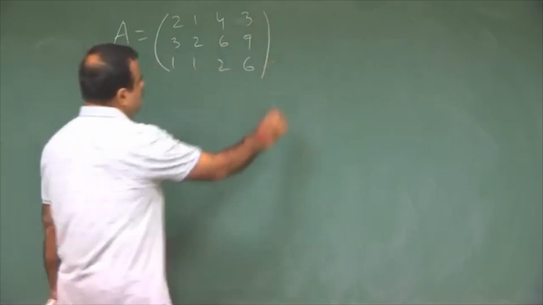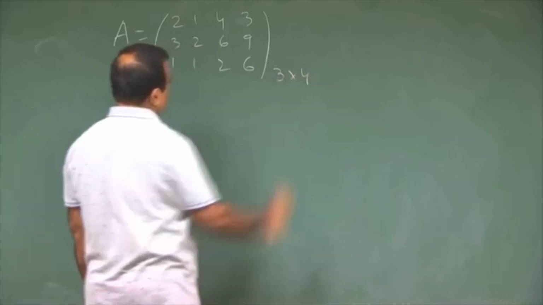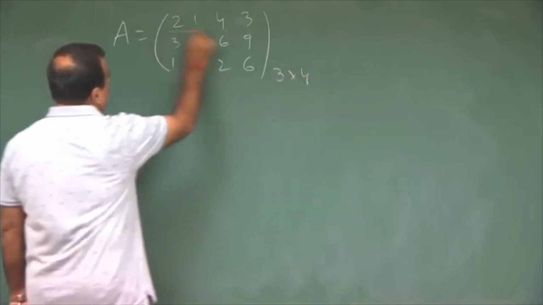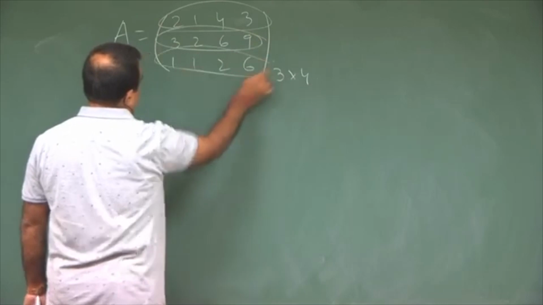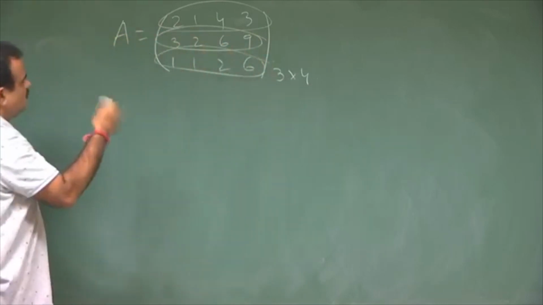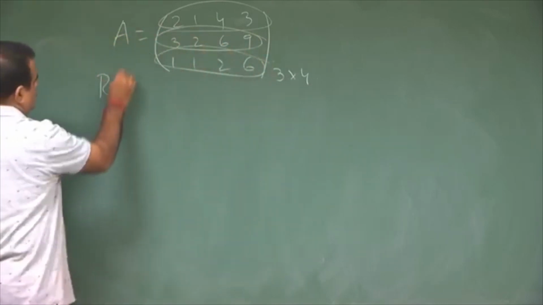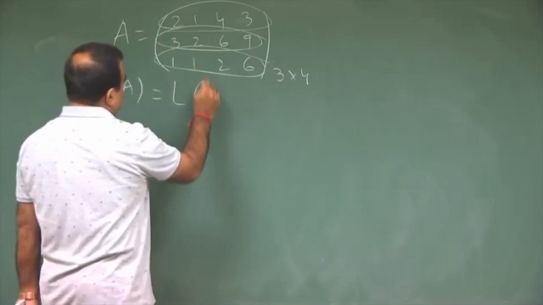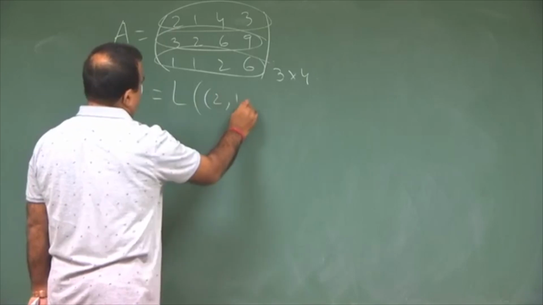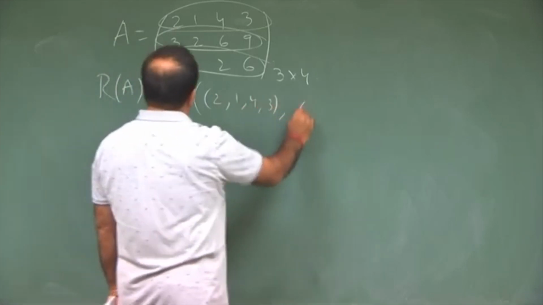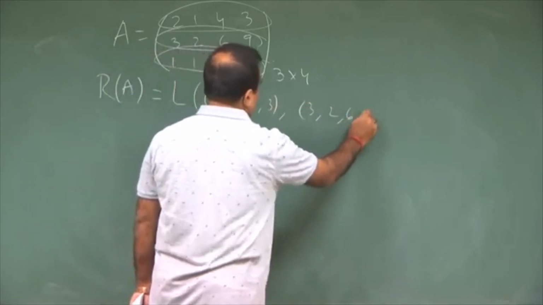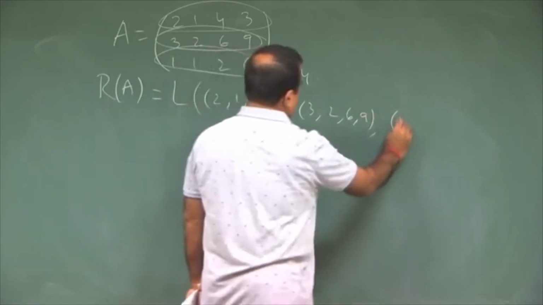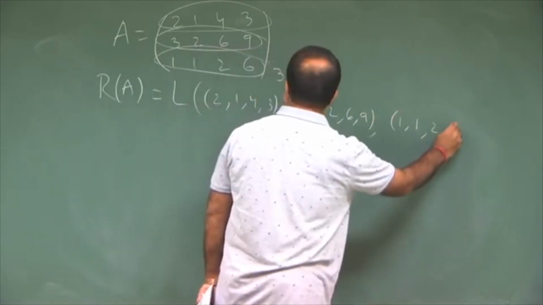So, this is a 3 by 4 matrix. So, who are the rows? These are the rows. So, what is the row space? The row space is nothing but the linear combination of these row vectors.